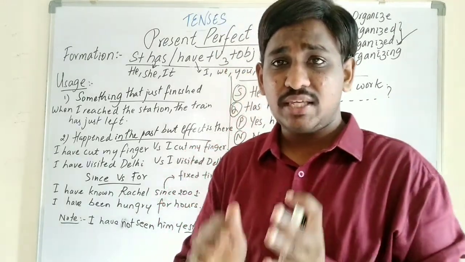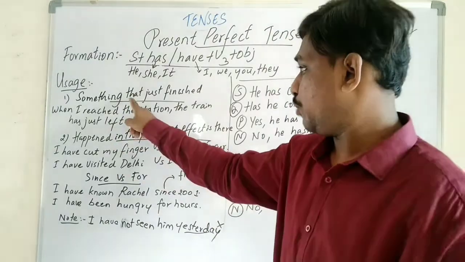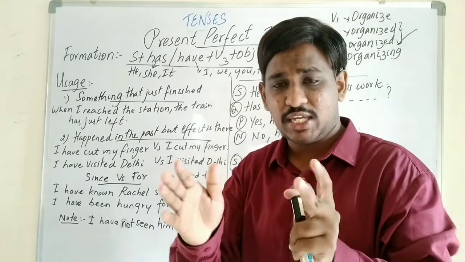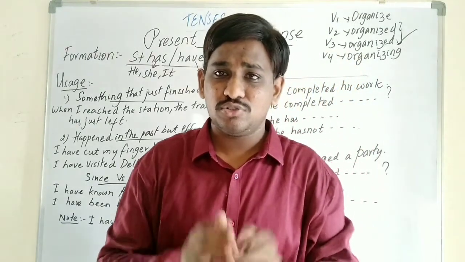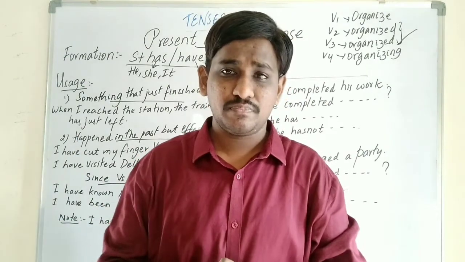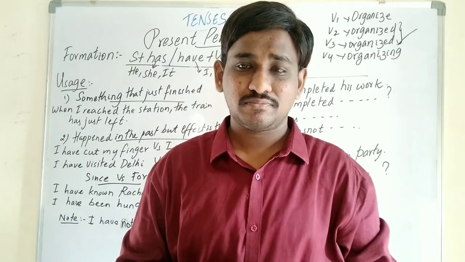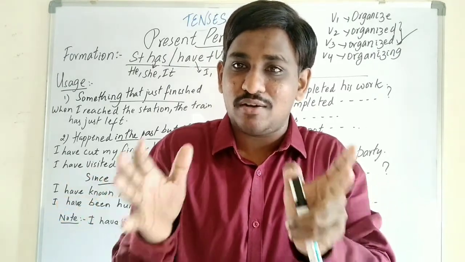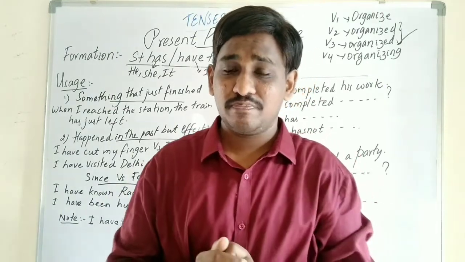Let us see the usages of present perfect tense. When do you use it? For something that just finished. Let's take an example. You're all ready to travel from one place to another. Your train is at 10 o'clock. Let us assume that Indian trains are on dot, so they come and go at exact times.